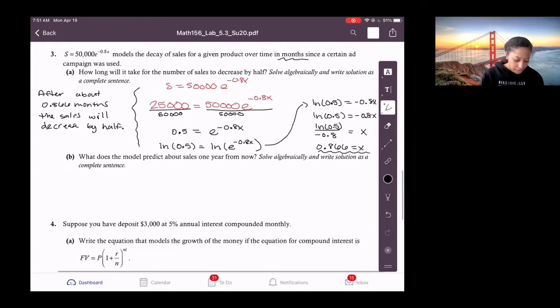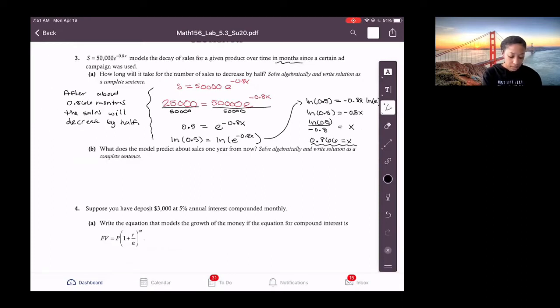All right. And then for part B, what does the model predict about cells 1 year from now? Solve algebraically and write a solution as a complete sentence. So 1 year from now, x would be equal to 12, because this is the decay for a product over time in months. So 1 year is 12 months.